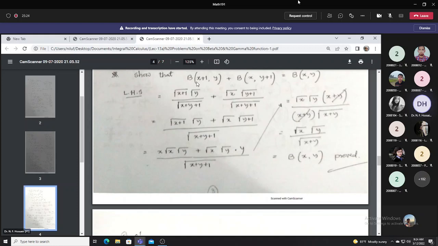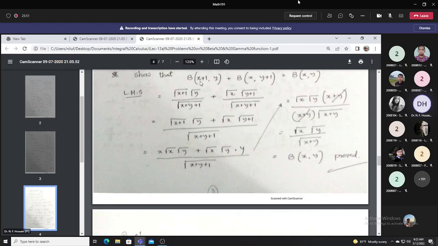Now, another relation: beta of x plus 1 comma y plus beta of x comma y plus 1 should be equal to beta xy. So here let us use just the expression for beta in terms of gamma function. What was the relation? Beta mn was equal to gamma m into gamma n divided by gamma m plus n.